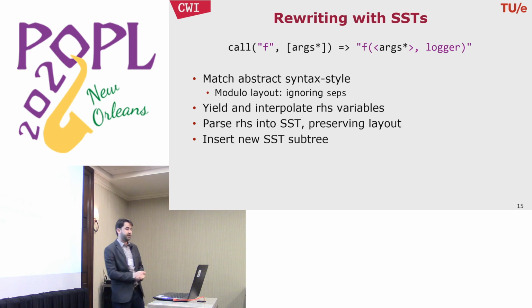We parse this into an SST, and again, the layout on the right-hand side is important because it's preserved. And after we parse this, we have a new separator syntax tree, and we can insert it back into the syntax tree we were matching against.